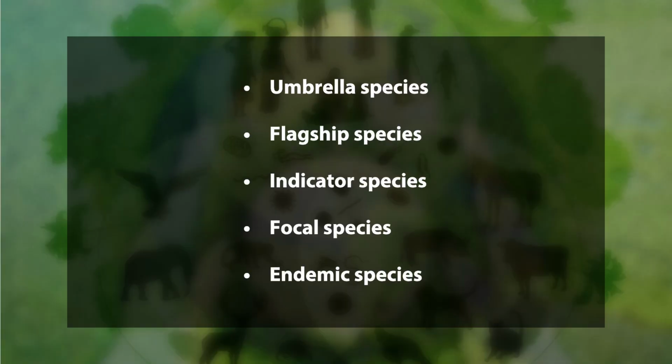There are several terms that refer to the co-occurring species that are likely to benefit from conservation activities directed at a surrogate species. These include umbrella species, flagship species, indicator species, focal species, endemic species, etc. Let us discuss them one by one.